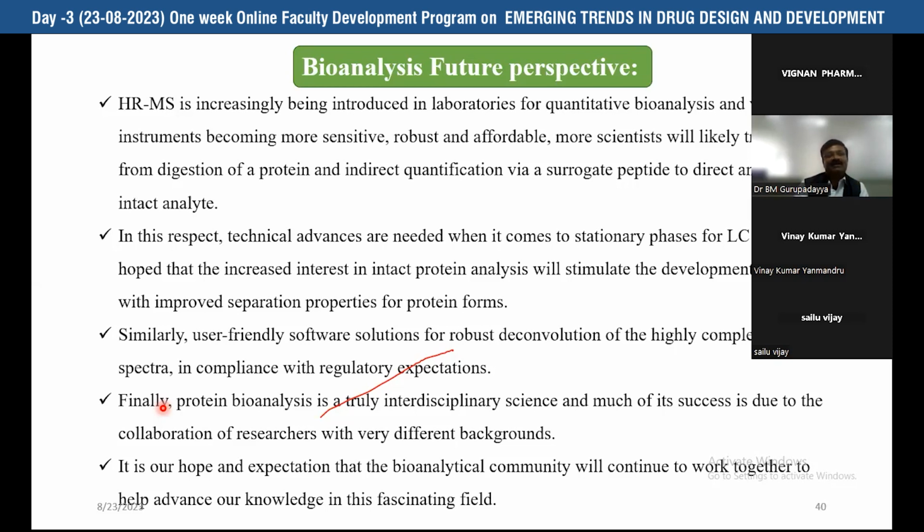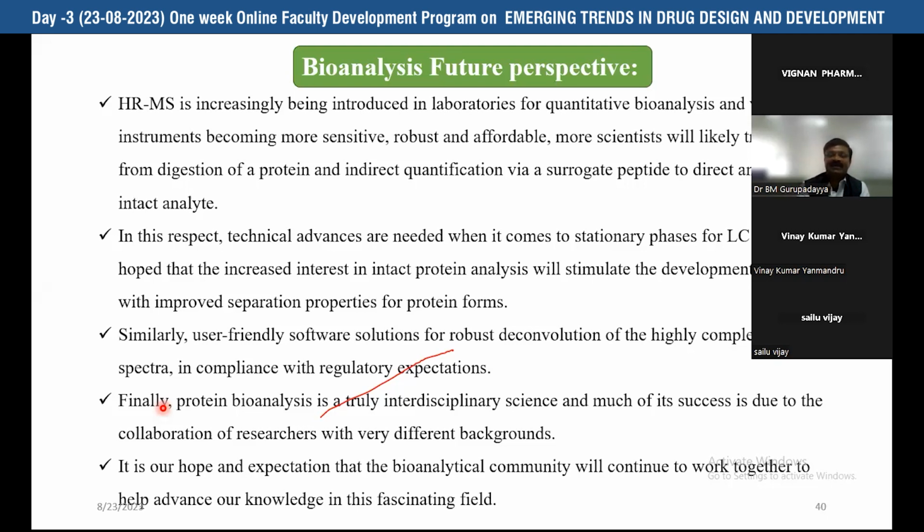In this respect, technical advances are needed when it comes to the stationary phase for the LC, and it is hoped that increased interest in intact protein analysis will stimulate the development of materials with improved separation properties. In the case of biological origin or bioanalytical methods, the proteins are the major interfering elements. So how we overcome the problems associated with the interfering proteins, especially for small molecules, is important.